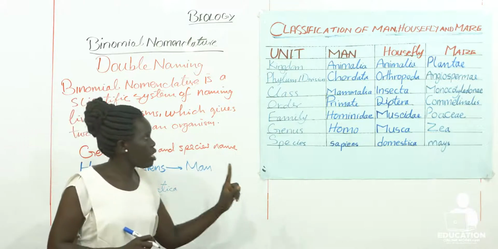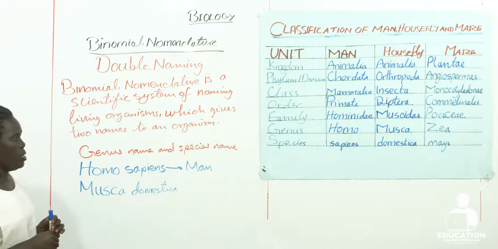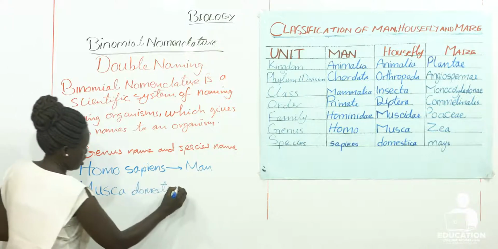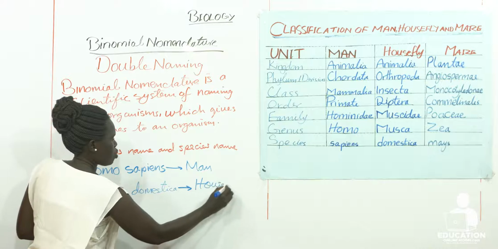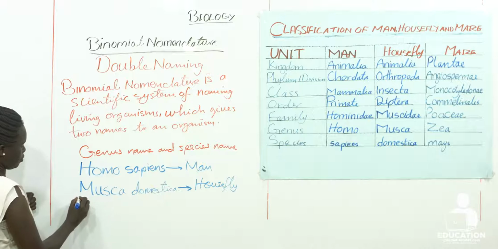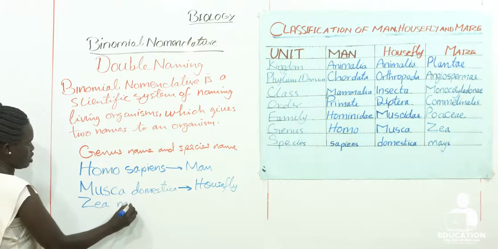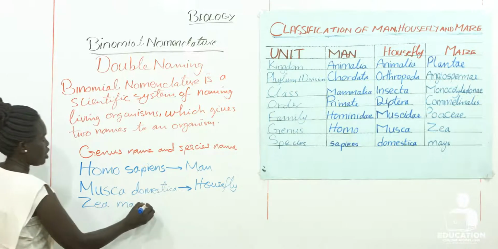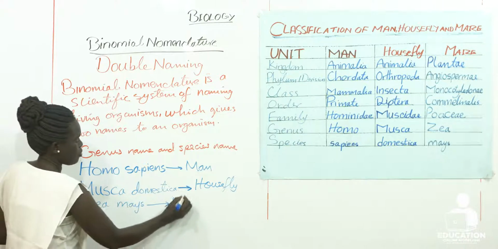The scientific name for maize is Zea mays.